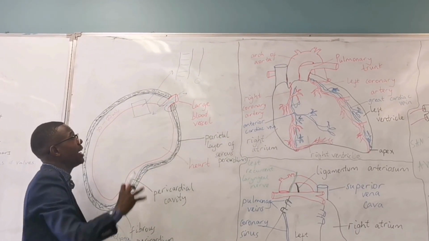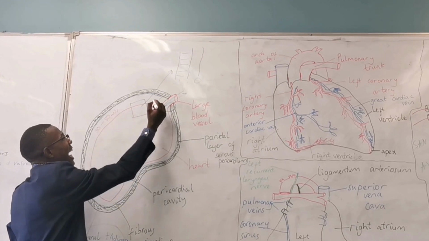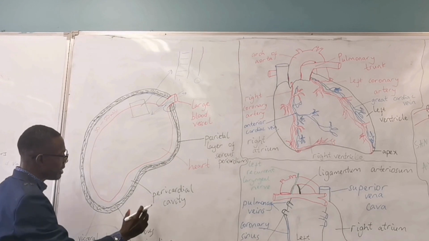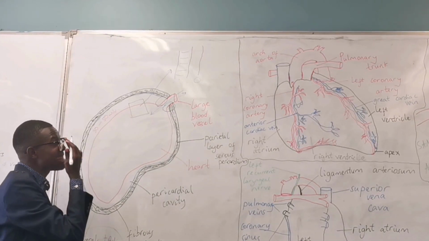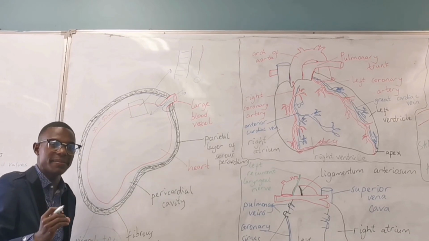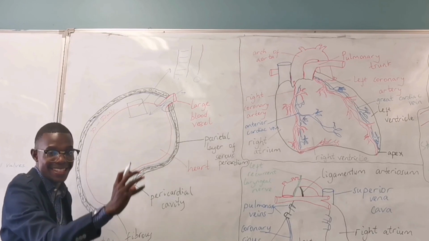There are very important vessels that we need to take note of, that are covered entirely by the fibrous pericardium. One, we have the ascending aorta. Remember, the aorta is divided into three parts: the ascending, the arch, and the descending.